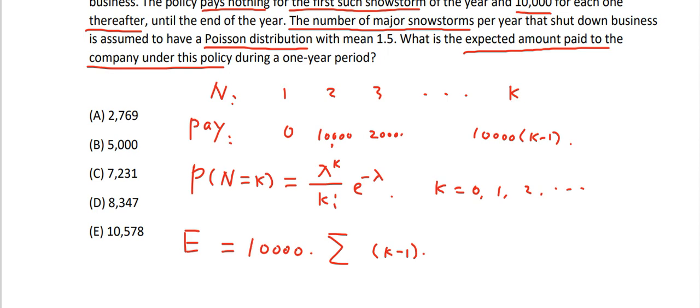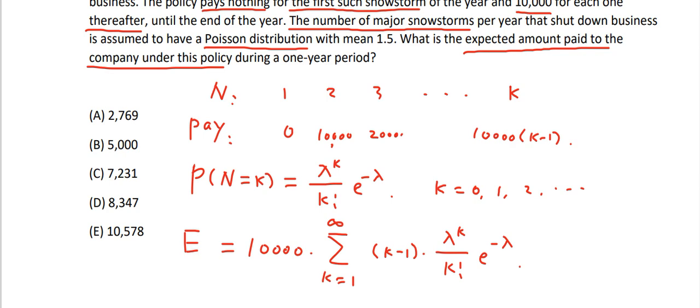Multiply by the probability, lambda to the k over k factorial times e to the negative lambda. This lambda we know is 1.5. So here actually k is from 1 to infinity.